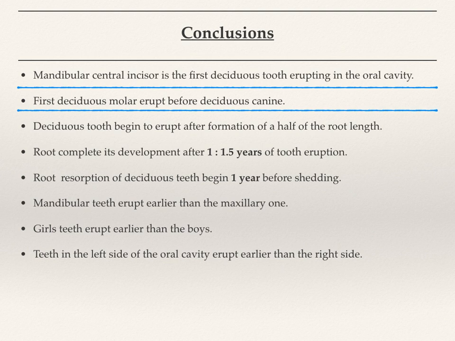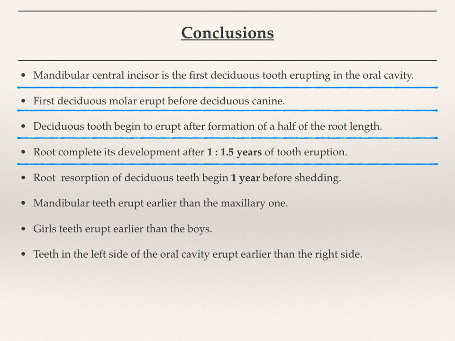The first deciduous molar erupts before the deciduous canine. Deciduous teeth begin to erupt after formation of half of the root length. The root completes its development 1 to 1.5 years after tooth eruption.